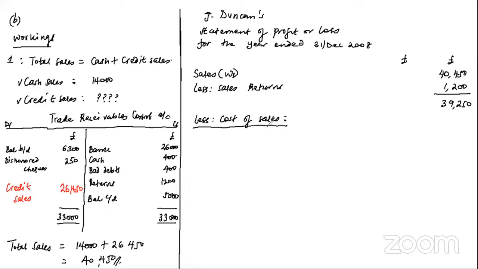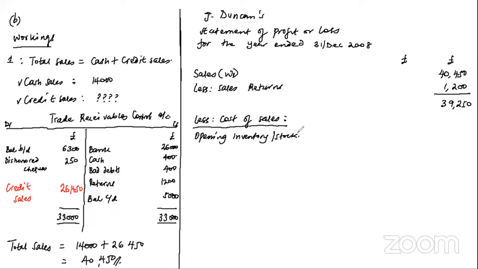And we know very well that to get the cost of sales figure, we start with our opening inventory. Here they are calling it stock. It's the same as opening inventory.